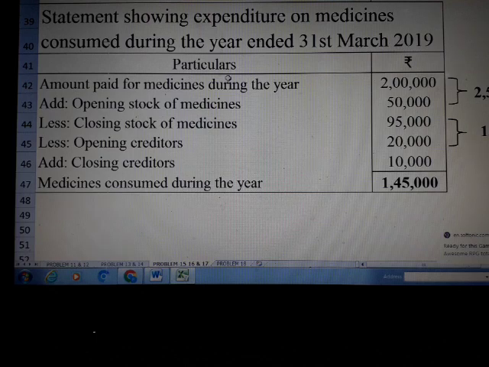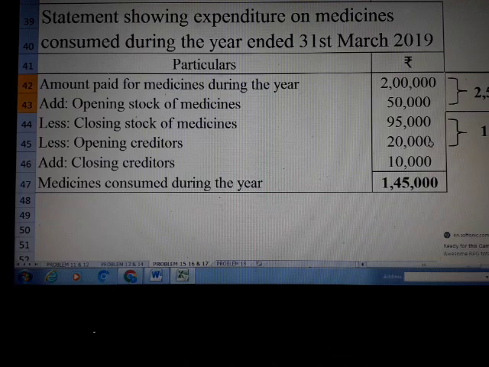Whatever amount you paid for the medicine, you have to take it as the first item. So you have paid 2 lakhs rupees, have it as a base. To this 2 lakhs you add your opening stock of medicine, that is 50,000. When you add this 50,000 to 2 lakhs, you will be left with 2 lakhs 50,000. That's what I have shown in the outer column, just for your understanding.